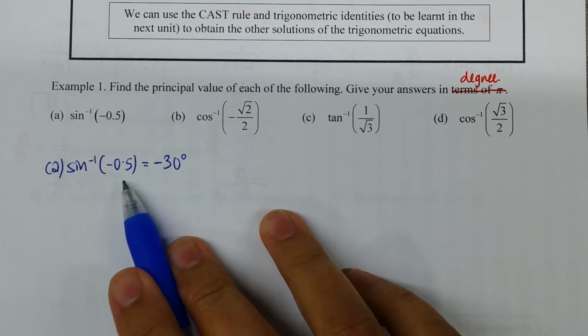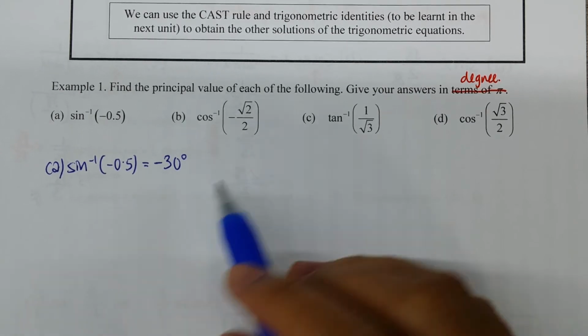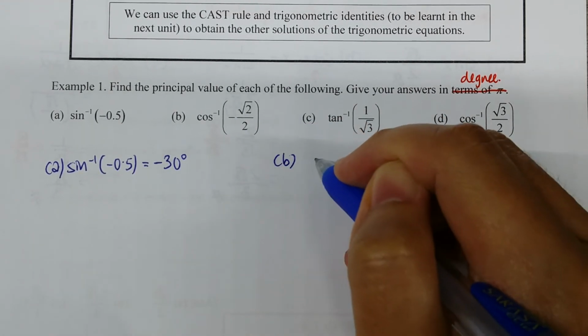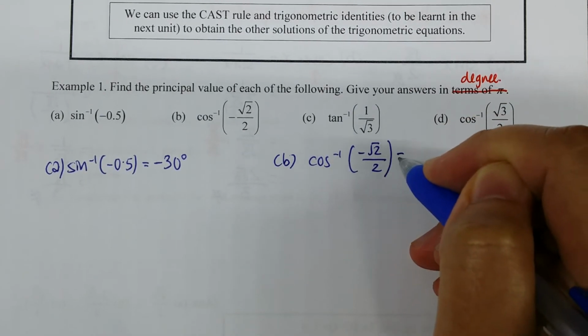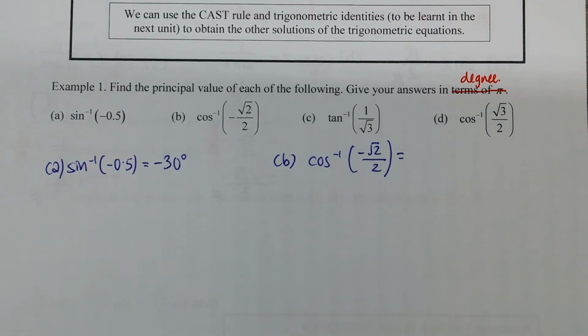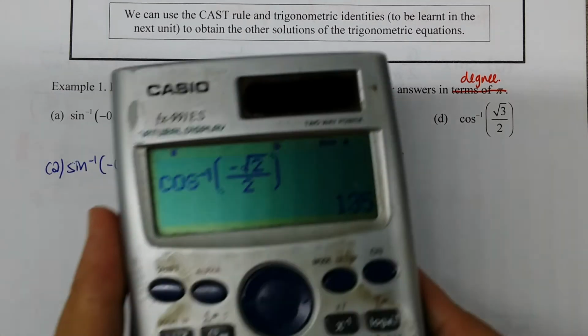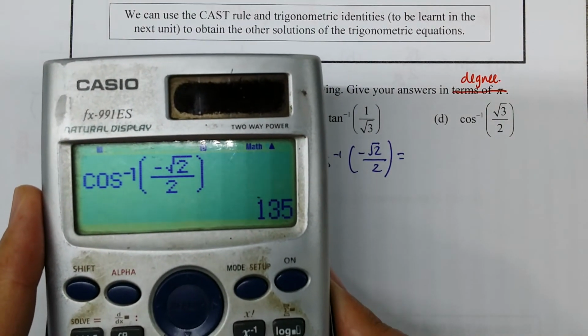So in future, you can find it in degrees first, then convert it to terms of pi. So A is done. B, cosine inverse. I'll leave it to you. Please press your calculator. Don't be lazy. You need to learn how to press your calculator as well. 135.